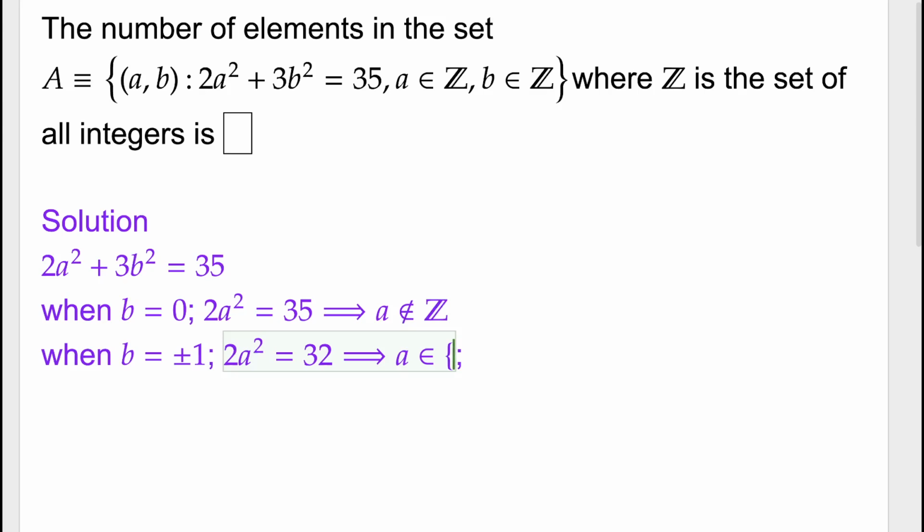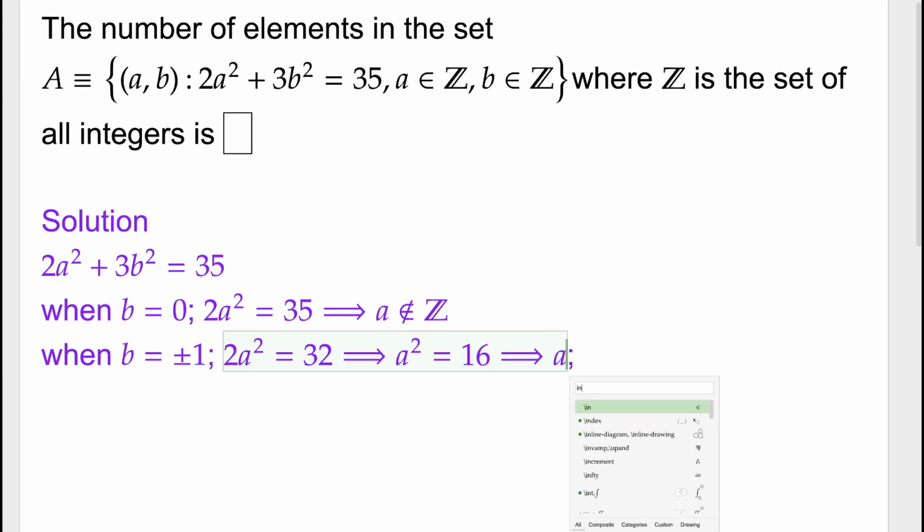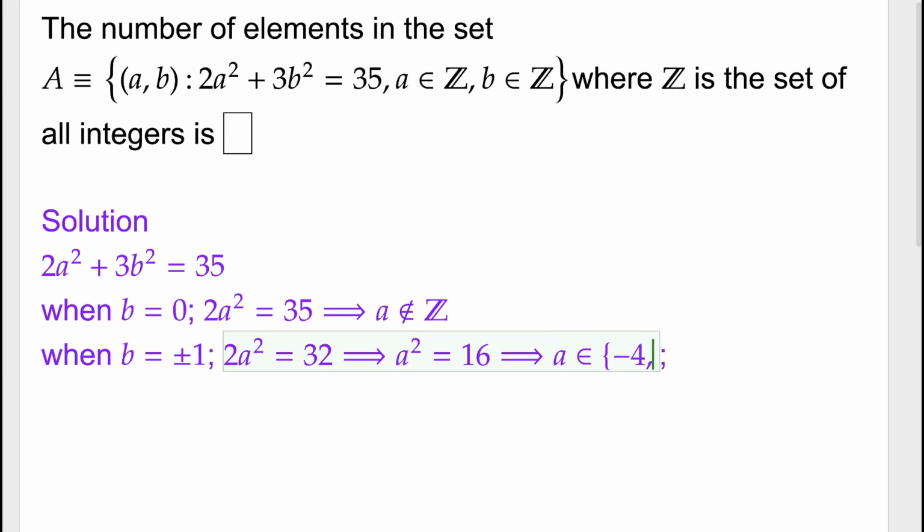So 2 times 16 is 32, so this leads to a² as 16, and this clearly shows that a will belong to the set where minus 4 and plus 4 will satisfy this particular equation, correct? So from this we got four distinct values: negative 1, negative 4, positive 1 and positive 4.